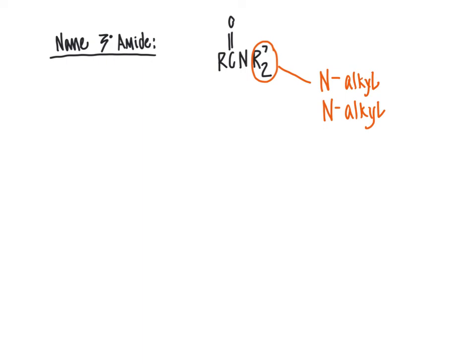So let's go ahead and draw out an example and work to determine the full IUPAC name of that molecule, based on what we know about the fact that the two nitrogen branches are going to be both named as N-alkyl groups in the name of these molecules. As our example, let's look at this problem. I'm going to draw out my structure, draw my amide functional group, and plug a couple of different groups on here.